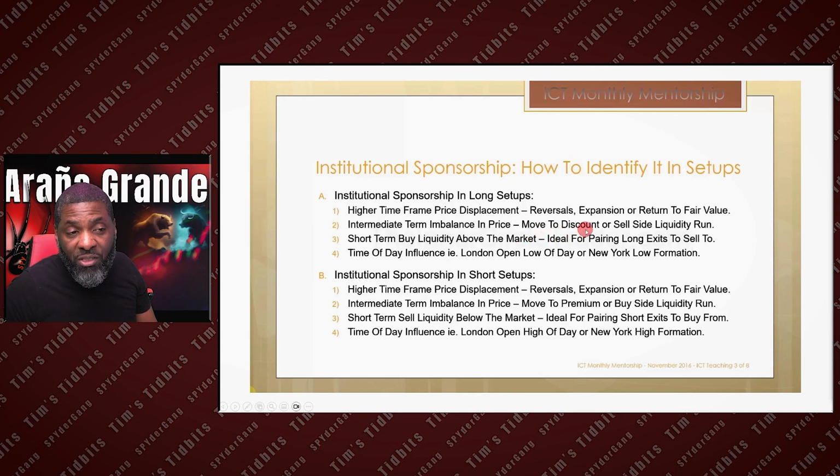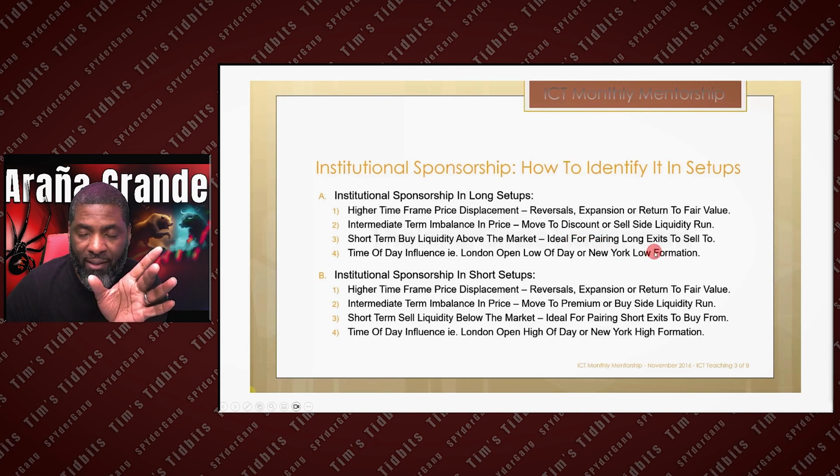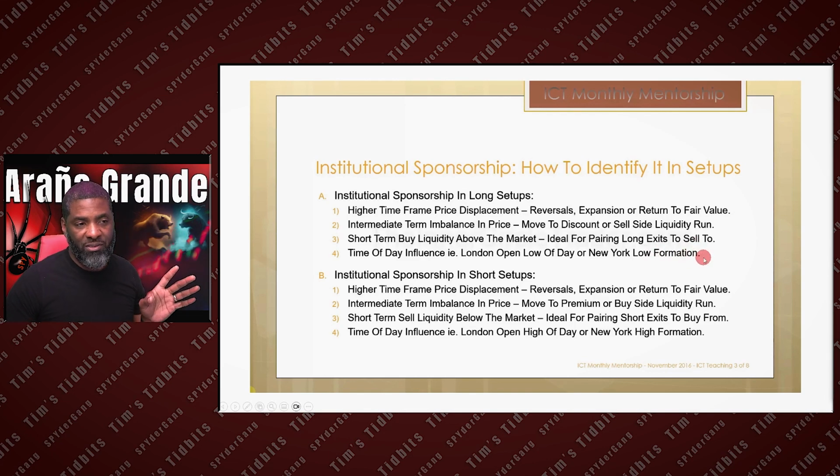When you move to a discount or run sell stops, you're coming to an anticipatory reactionary point, right? Short-term buy liquidity above the market, or sell liquidity below the market. Why? Because that is the place where it's ideal for pairing your exits to your trades.